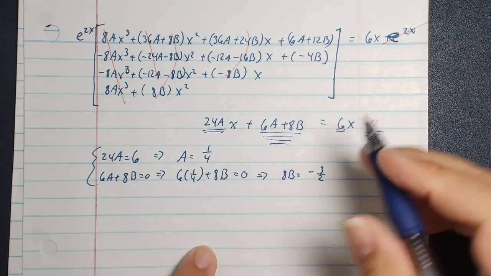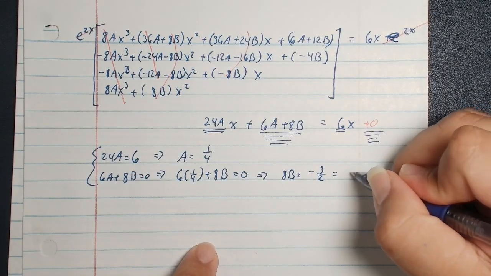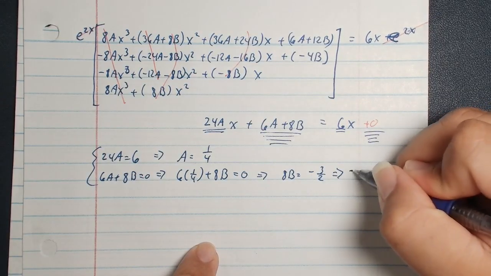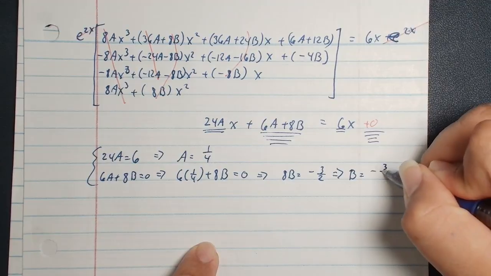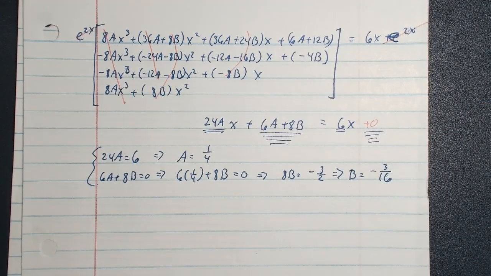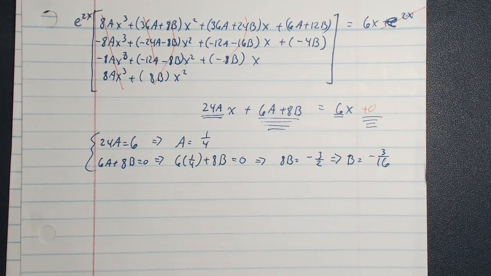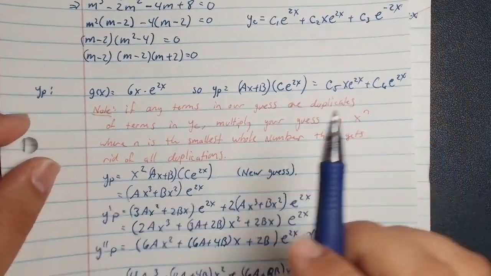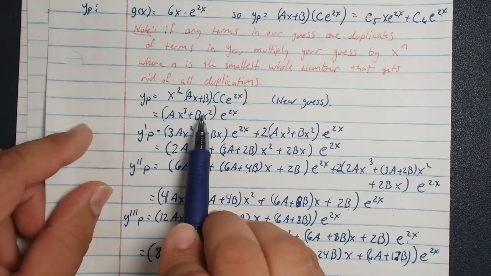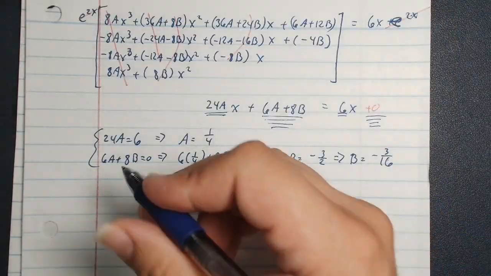And then divide both sides by 8, which will give me b equals negative 3/16. And so those must be my coefficients. Going back to this previous page, we see that those coefficients are the coefficients here and here. So now we have our result.